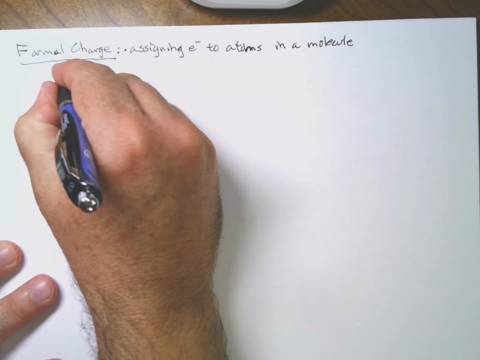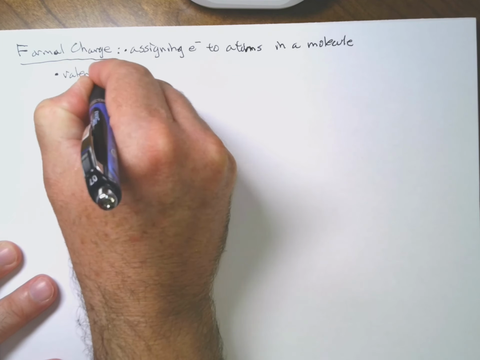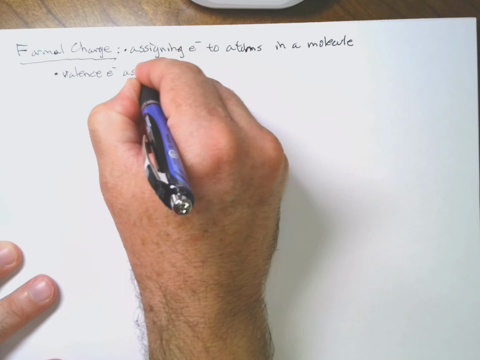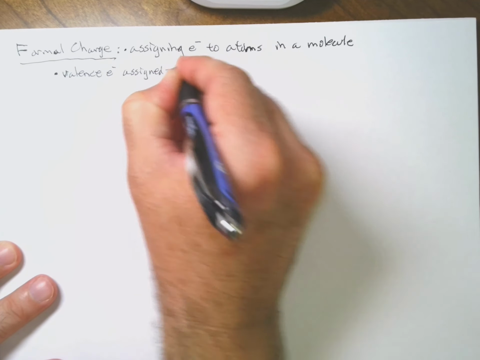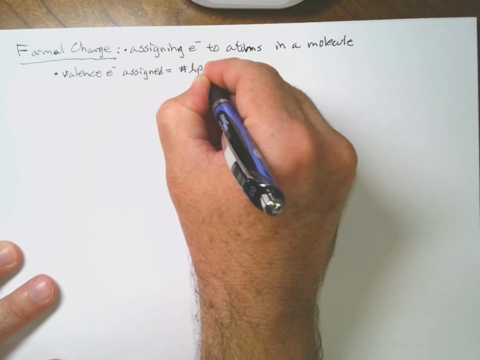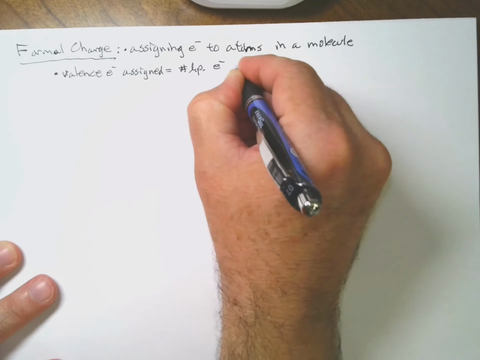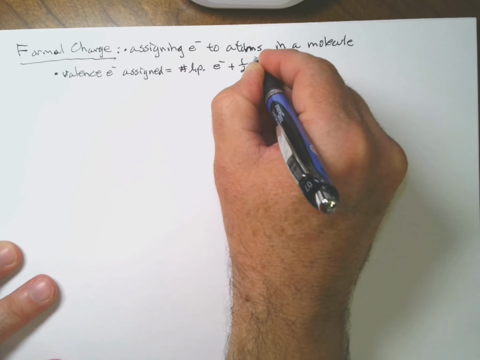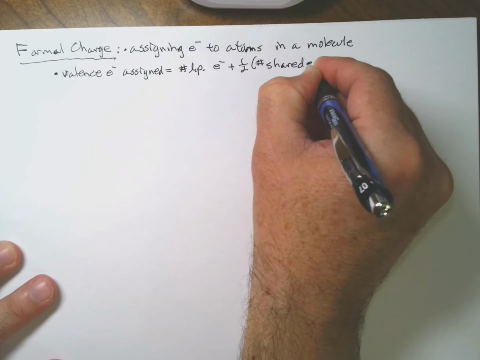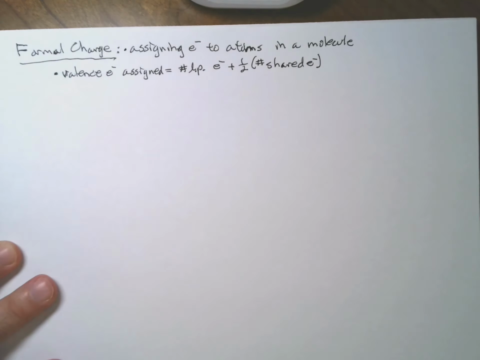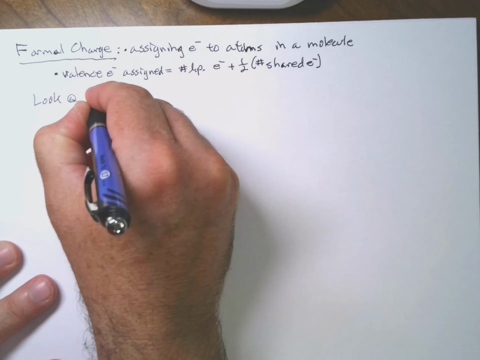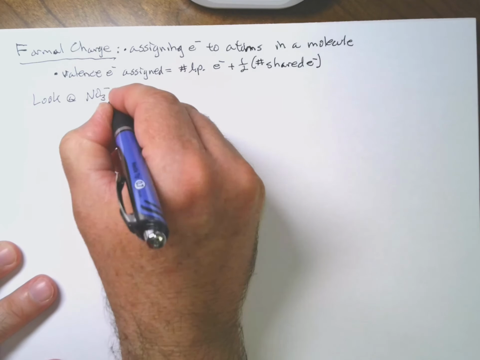And our valence electrons assigned equals our number of lone pair electrons plus half the number of shared electrons. Okay, so what does that look like? Well, let's look at NO3 again.